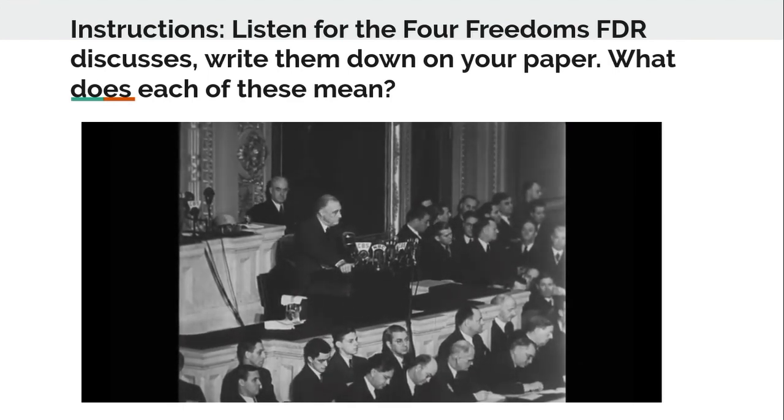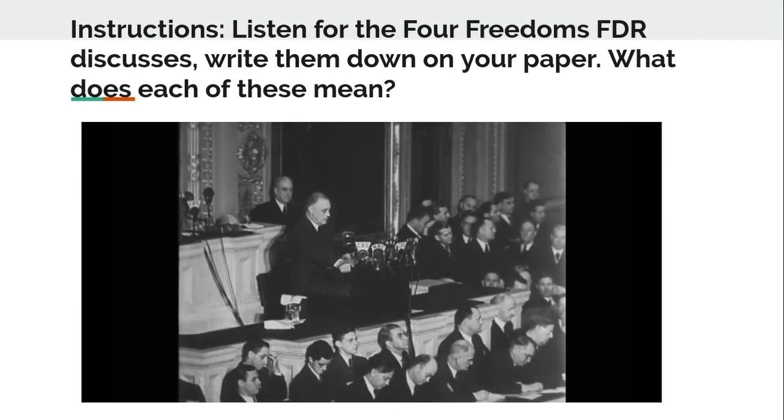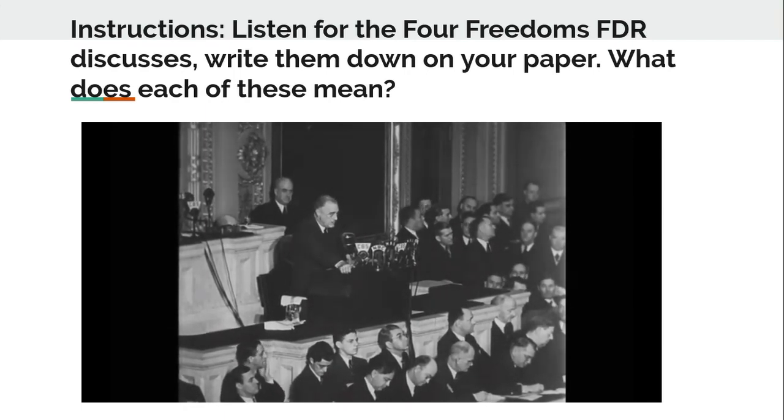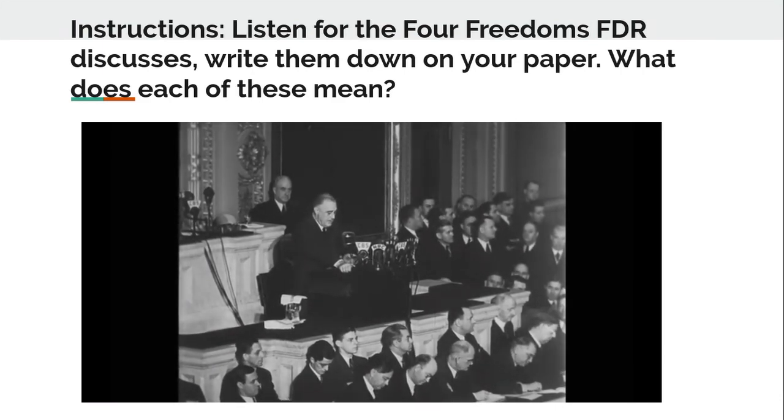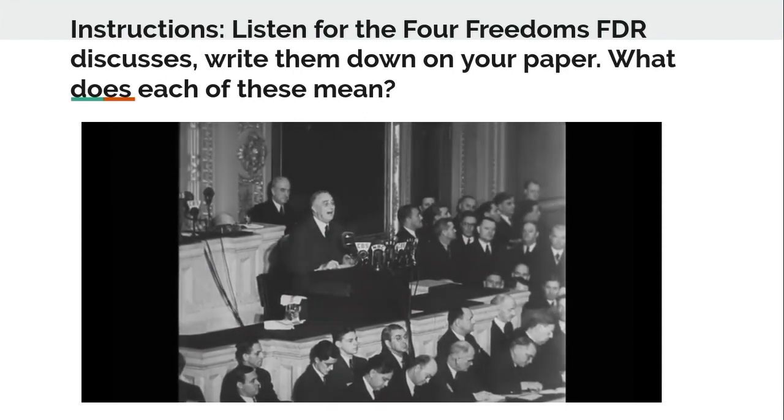The fourth is freedom from fear, which translated into world terms means a worldwide reduction of armaments to such a point and in such a thorough fashion that no nation will be in a position to commit an act of physical aggression against any neighbor anywhere in the world.